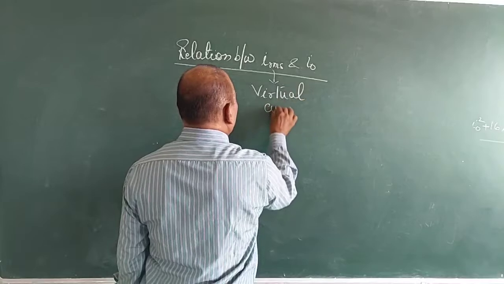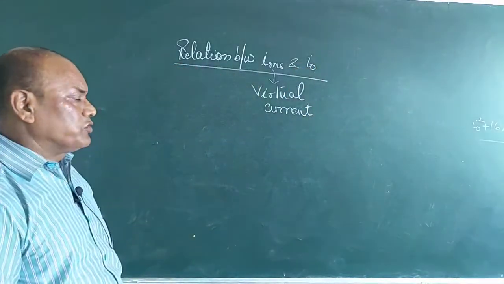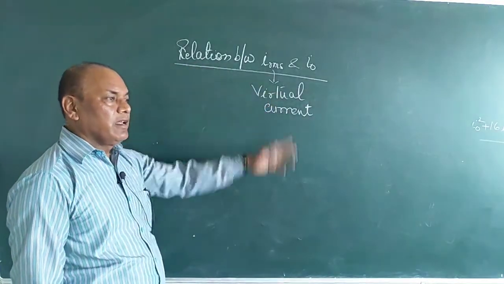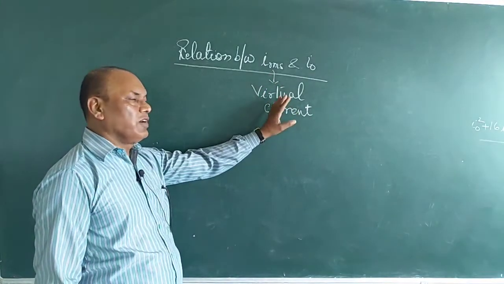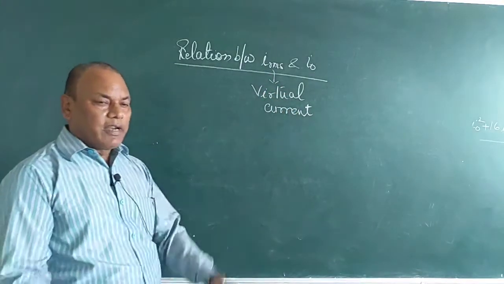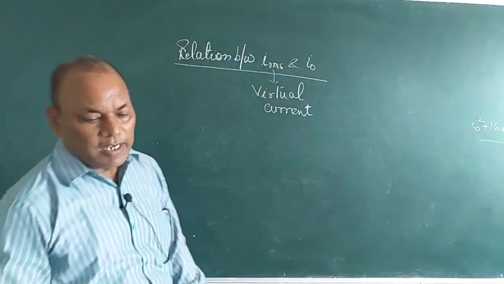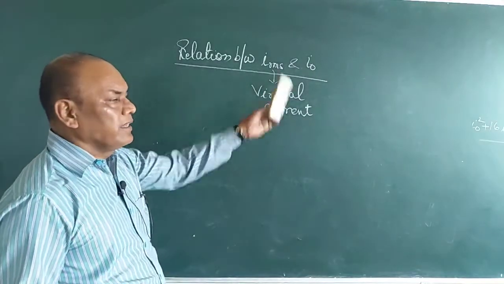In other words, we can say that the relation is between virtual current and maximum value of the current. In an alternating circuit, the current which flows is known as virtual current. We have to seek the relation between this current and this current.